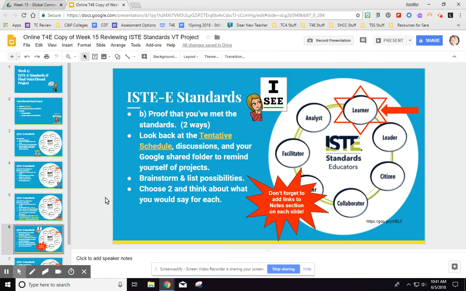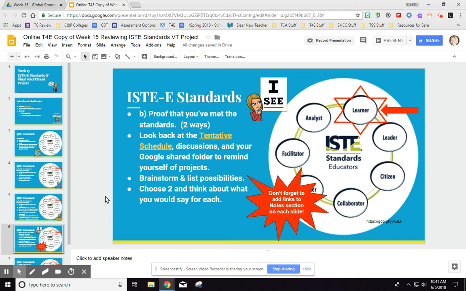Okay, so you need to choose 2 of those, and you need to make sure that you tie it directly back to the standard. So building my PLN proves that I am a learner because I am including others, reaching out to local and global networks and reaching out to people who I know can help me stay current and learn things that are new and fresh in the world of education or in my content area.